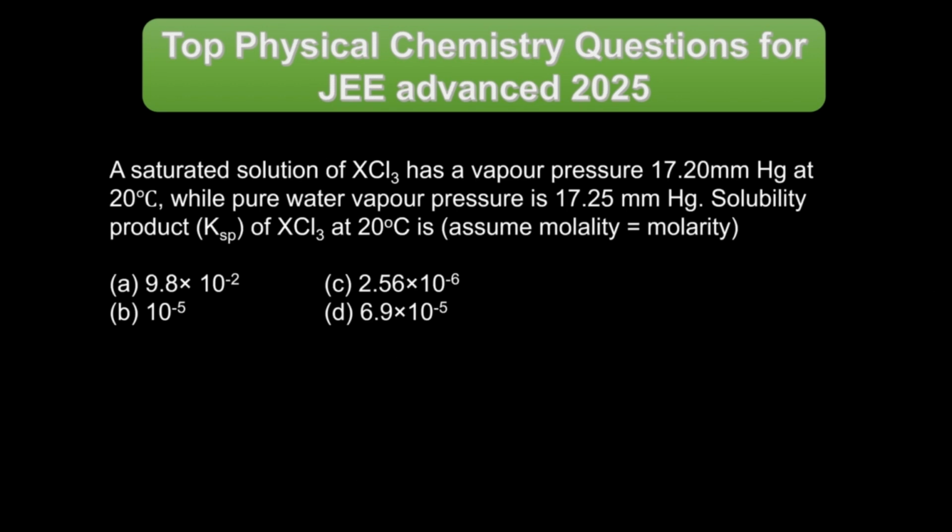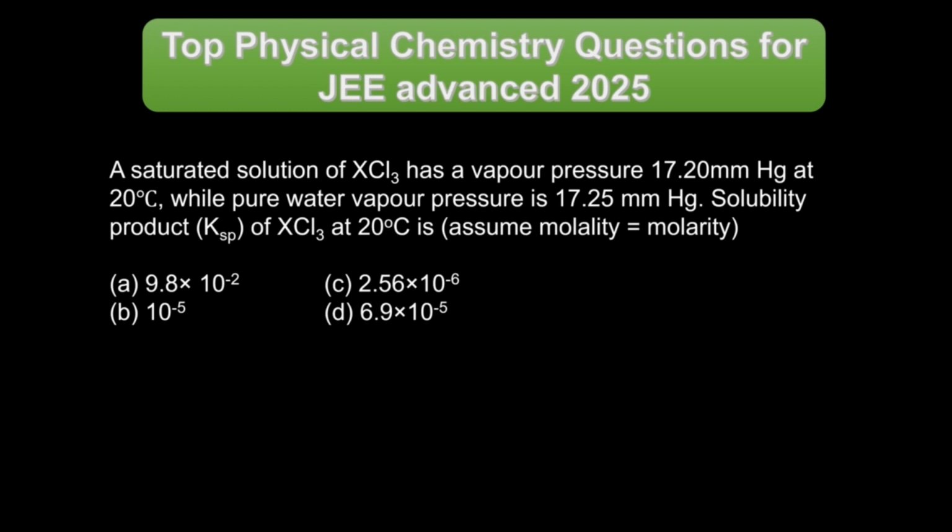Okay. So moving on to the next question. A saturated solution of XeCl3 has a vapor pressure of 17.20 mm Hg at 20 degrees Celsius, while pure water vapor pressure is 17.25 mm of Hg. The solubility product? Okay. So here they are asking for solubility product and vapor pressure.